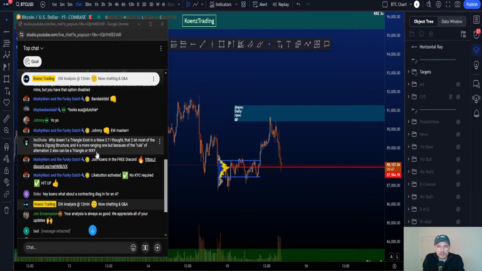Now, you would need to ask Elliott Wave International, Frost and Prechter, and Mr. Elliott himself on the question of why doesn't a triangle exist in a wave 2. But based on all the research over the past decades, a wave 2 triangle does not exist. It doesn't appear in Elliott waves.